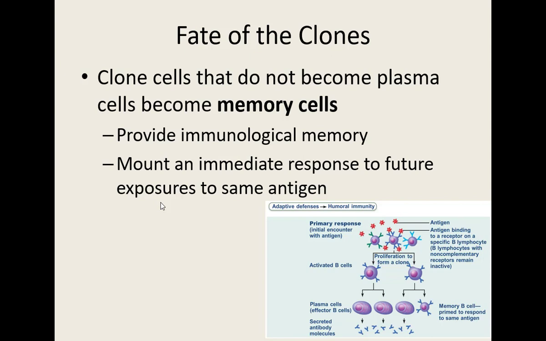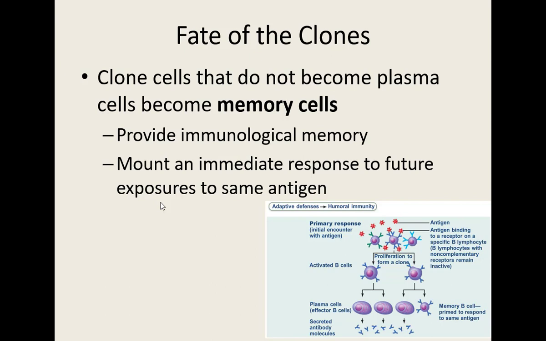So we have memory B cells that, when presented with that same object, can do this whole process a whole lot faster. Because activating a B cell, going through that clonal selection, making lots of B cells, then making plasma cells, and the plasma cells churning out a whole bunch of antibodies can take a good 10 to 14 days.